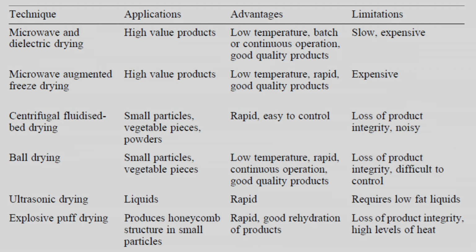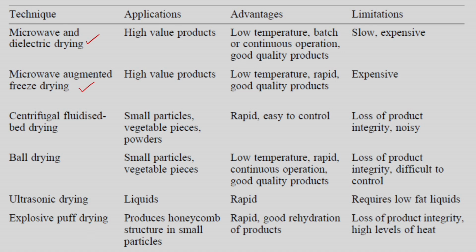And this is the latest technique used for drying of solids, because all the dryers we have discussed are based on hot air dryers, and I also discussed how to increase the efficiency of normal hot air dryers and what measures to take. But nowadays microwave or dielectric heating drying is used, and microwave augmented freeze drying.